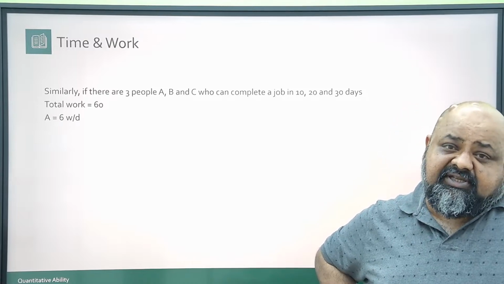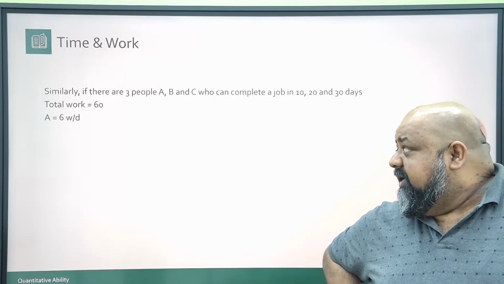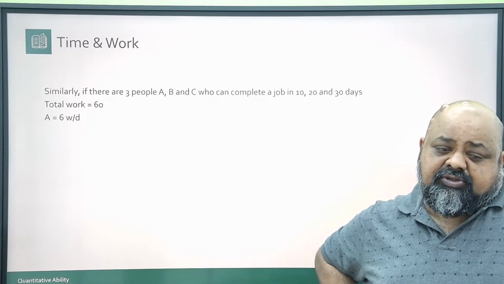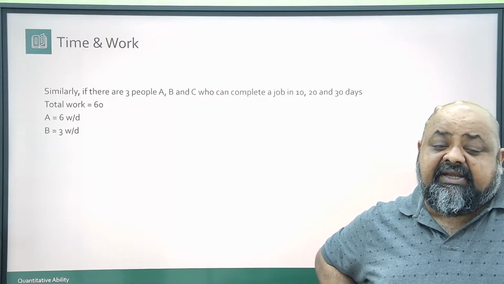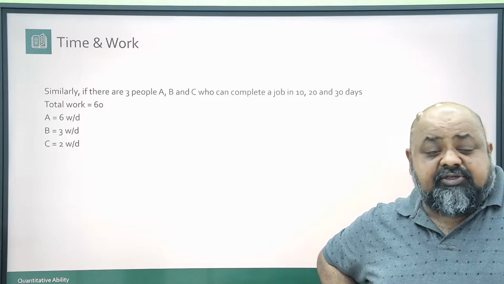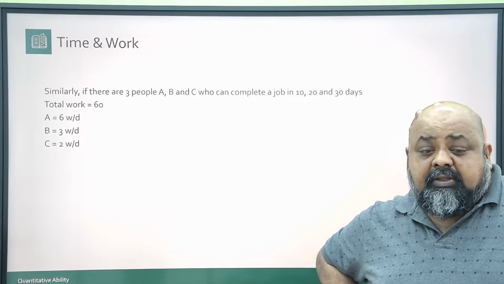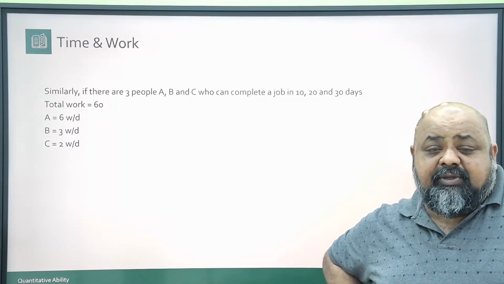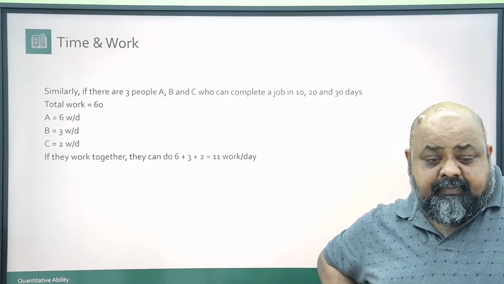A is doing 60 units in 10 days, therefore 6 units per day. B is doing 60 in 20 days, so 60 by 20, 3 units per day. C is doing 60 in 30 days, therefore 2 units per day. Now if A, B, C work together, the work that they do will get combined, and therefore they will end up doing 6 plus 3 plus 2, 11 units per day.